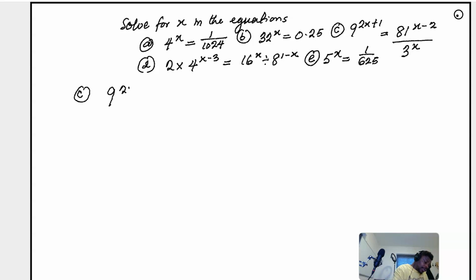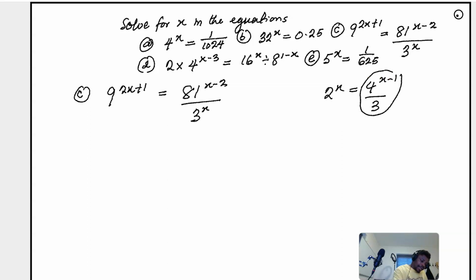Now let's take question C. 9 raised to 2x plus 1 is equal to 81 raised to x minus 2 divided by 3 raised to x. Now, I will quickly explain something here. If I have 2 raised to power x is equal to 4 raised to power maybe x minus 1 over 3. Remember, this is a fraction, right? I can still make this one a fraction by putting this over 1.